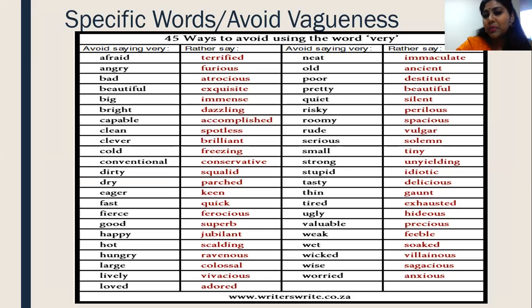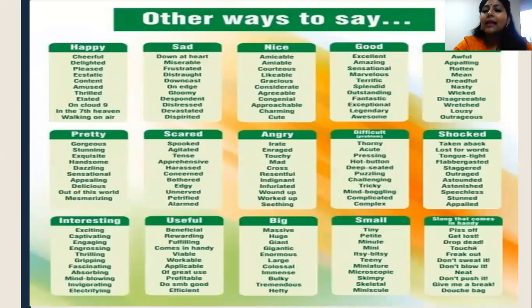So good could be superb, for example. And there are also other ways for you to say something. For example, instead of mentioning happy, you can say cheerful, delightful. Instead of saying pretty, you can say gorgeous, stunning, dazzling, sensational. So avoid being vague and be more specific. When you are more specific, it gives you the opportunity to use more descriptive words.